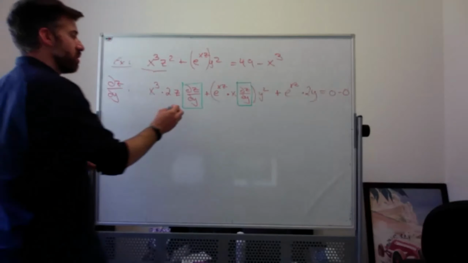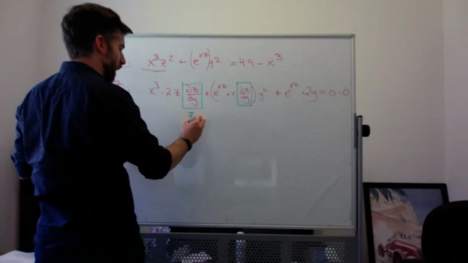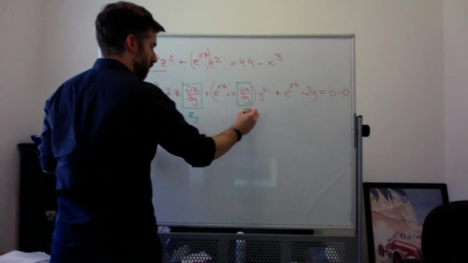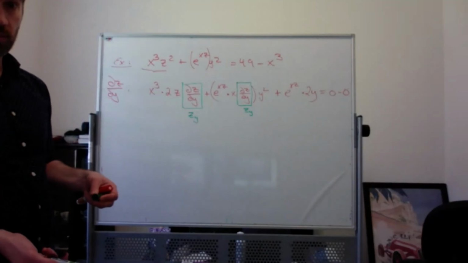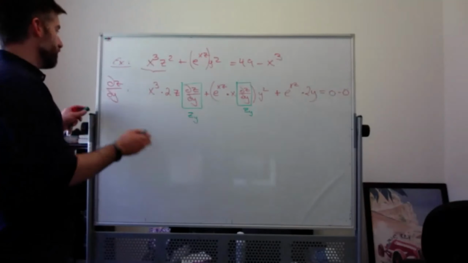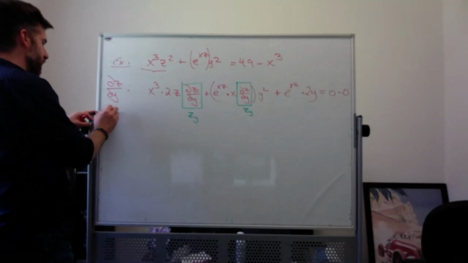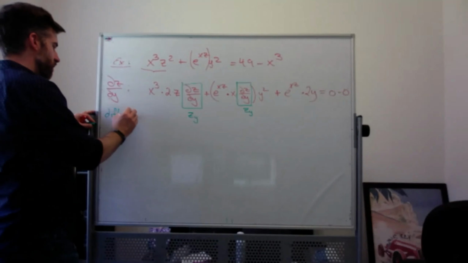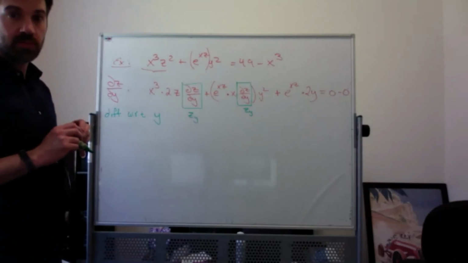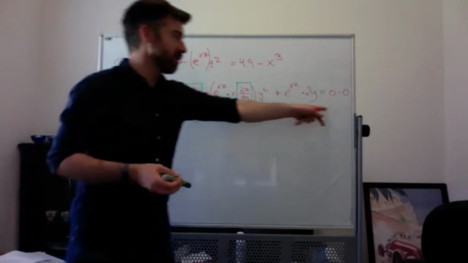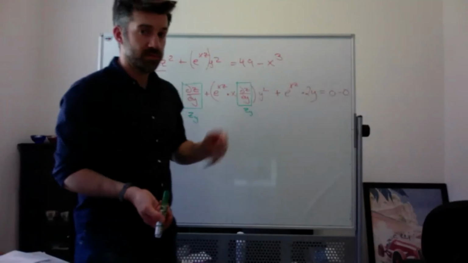You could also call this z_y, the partial of z with respect to y. I differentiated with respect to the variable y. That's why I got zeros over here for 49 and x cubed.